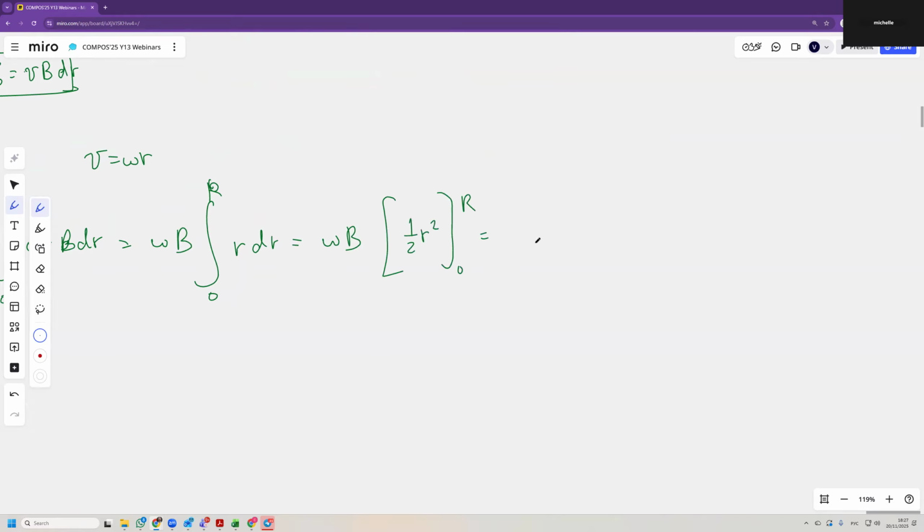So it's 1/2 omega B r squared. All right, so that's the EMF induced on the disk.